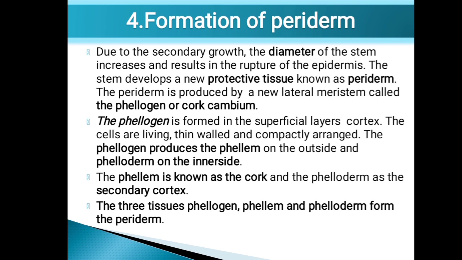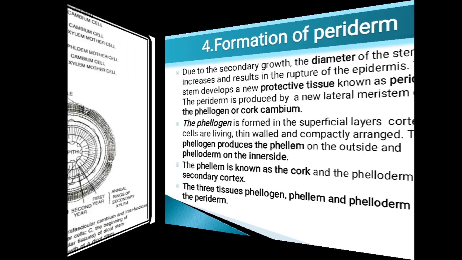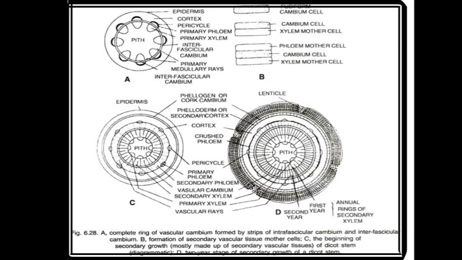This phellum is also known as cork and the phelloderm is also called secondary cortex. So these three tissues, that is phellogen, phellum, phelloderm, form the periderm, which I can show you in the image, where the periderm is formed.